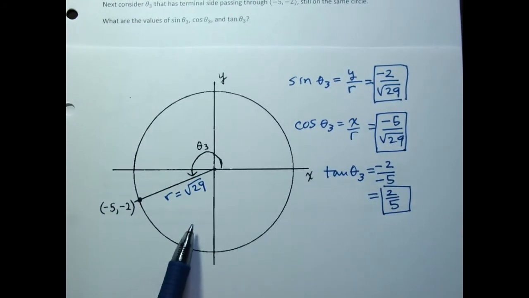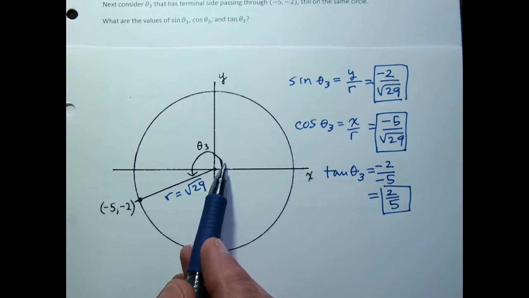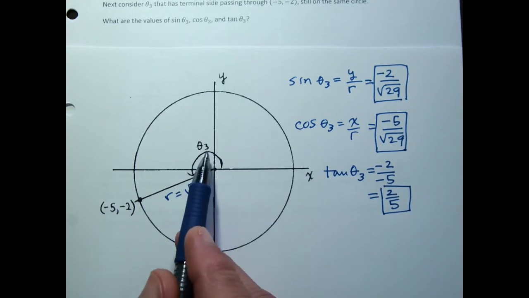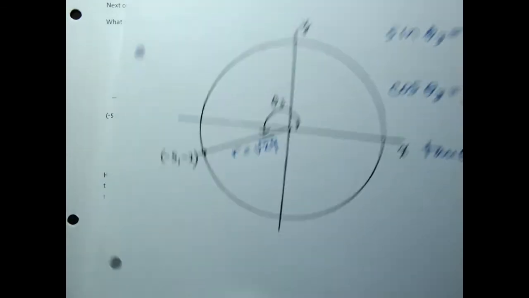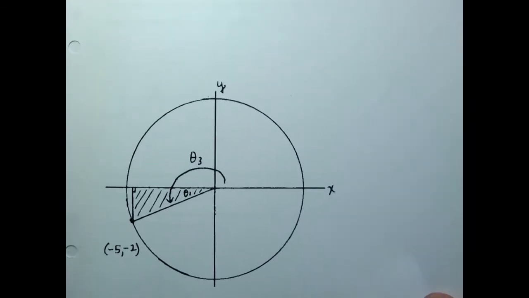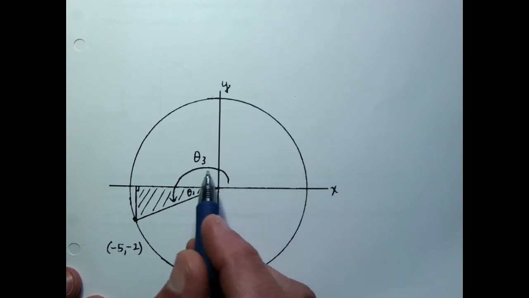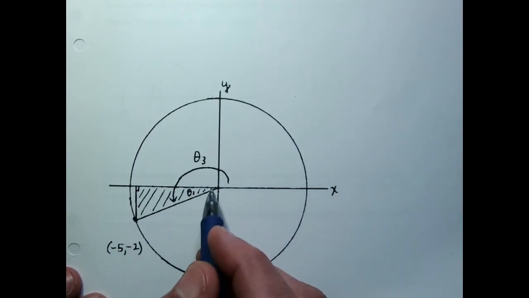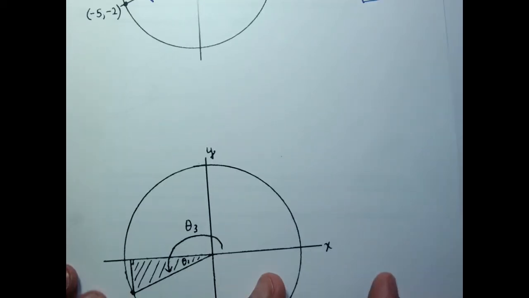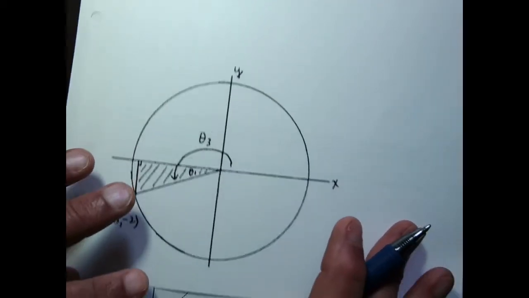Now, if I take this picture of angle theta 3, theta 3 is an angle greater than 180 degrees, right? We can draw a right triangle in that picture that does not include angle theta 3, but is as shaded. And this is a blown up picture of the circle at the bottom of the page.